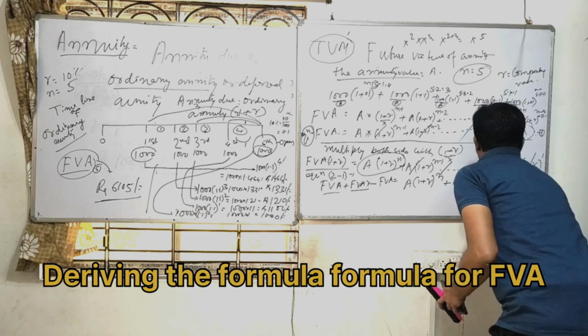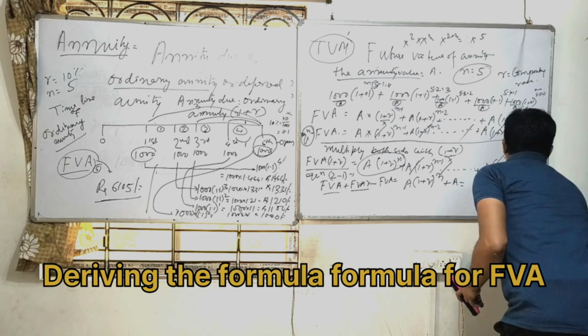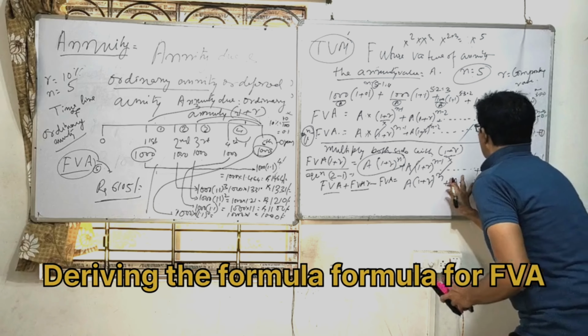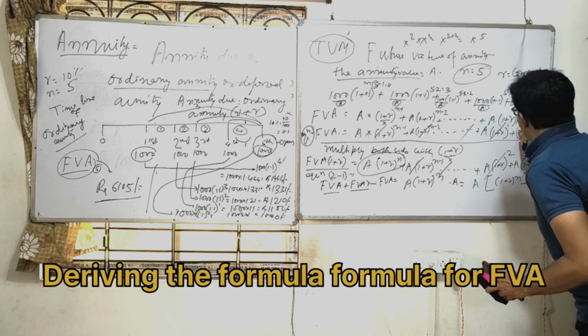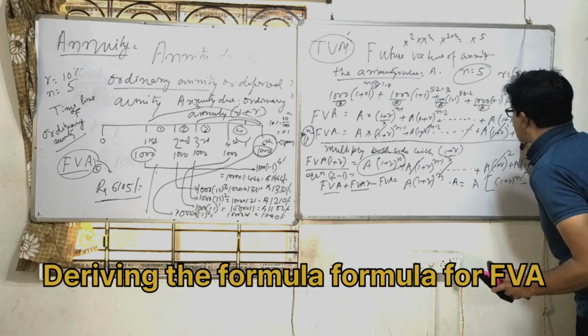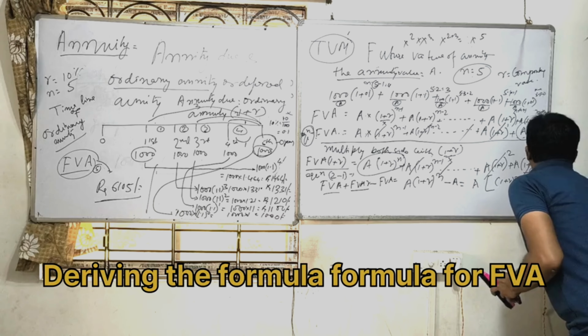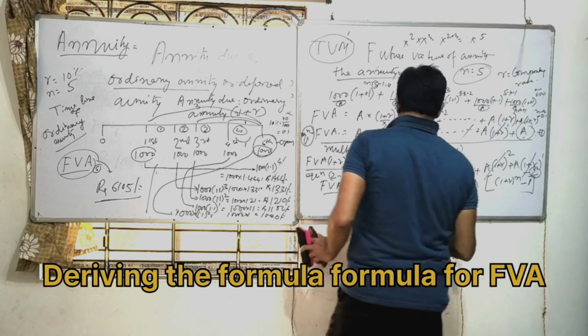So here you can take a as common: 1 plus r to the power n, and this one will be minus, because this one minus this one gives a minus sign, so minus 1. This is the form I got.